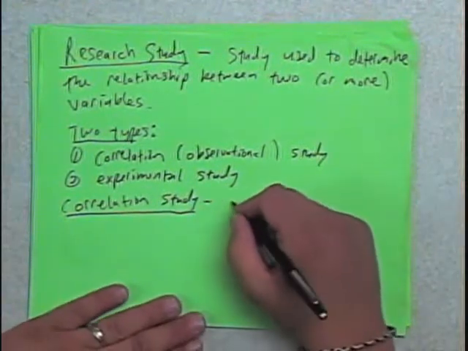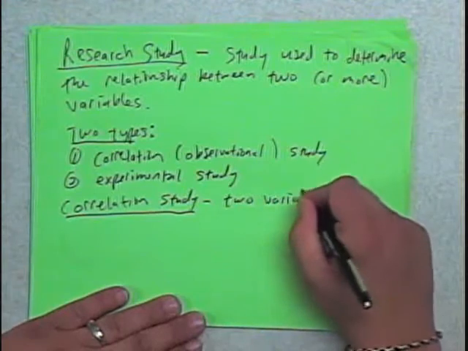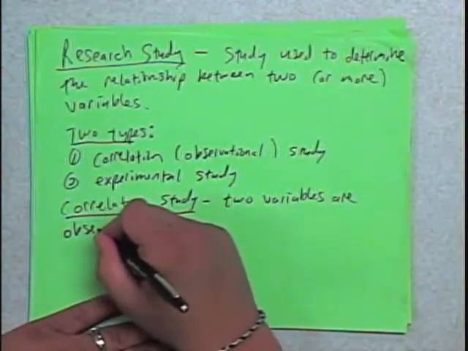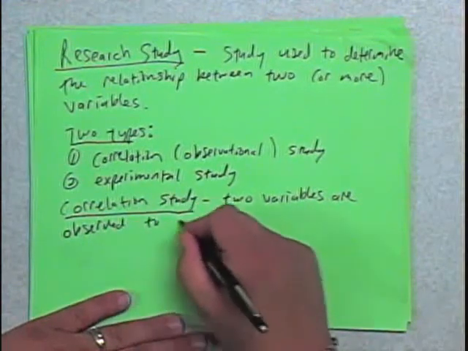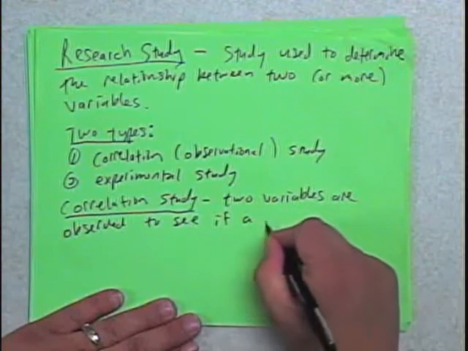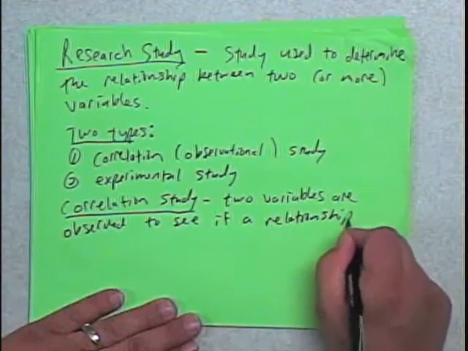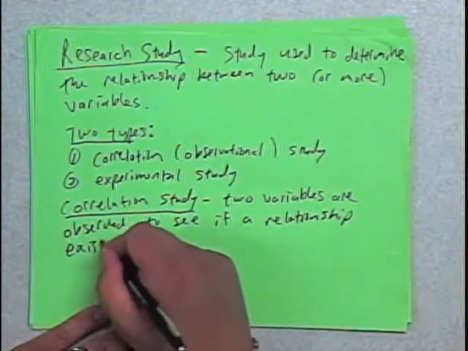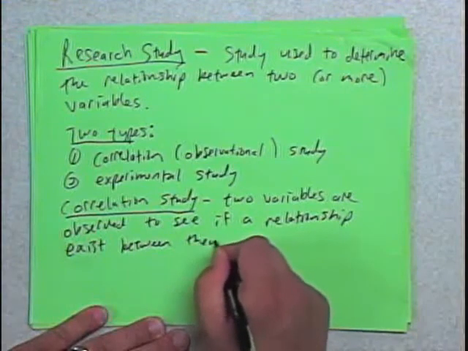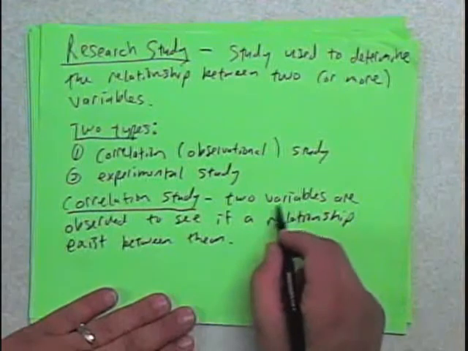So a correlation study is where two variables are observed to see if a relationship exists between them.